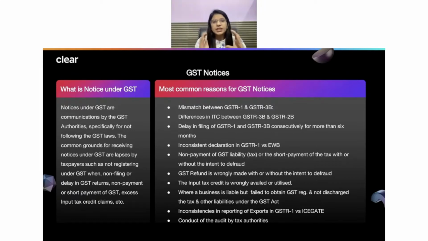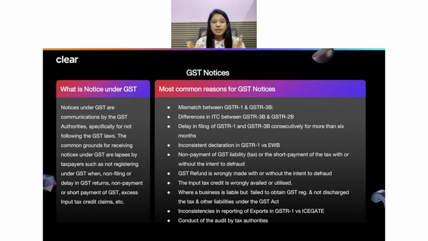In the GST portal, we know that whenever I file my GSTR-1, the same information I also have to file in my 3B. Whatever the liability on my outward supply, I have to report in my GSTR-1, and accordingly the same liability has to be reported in my GSTR-3B. And in GSTR-3B is the form where I actually pay the taxes to the government.